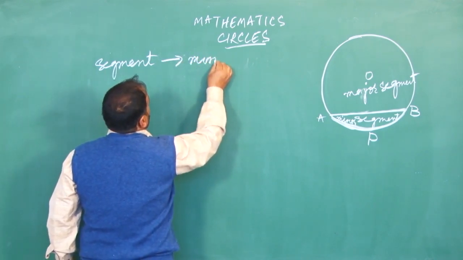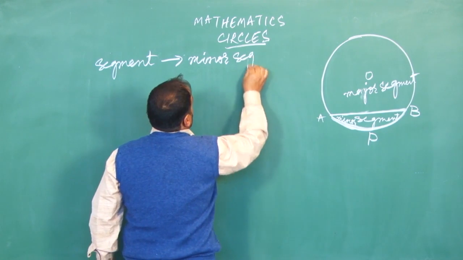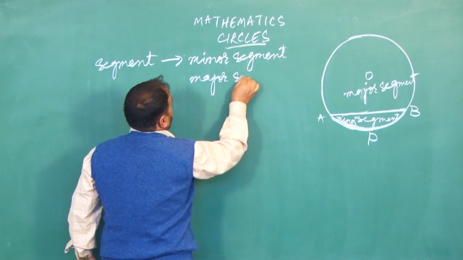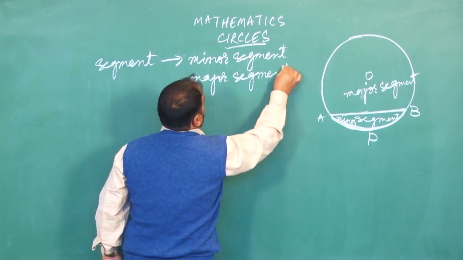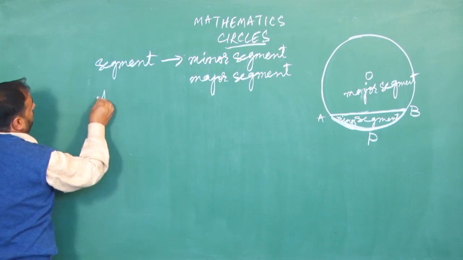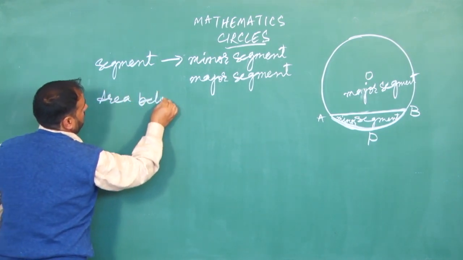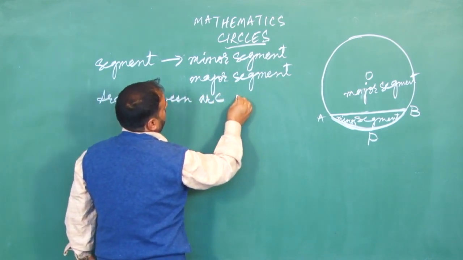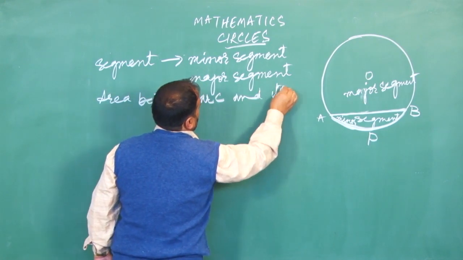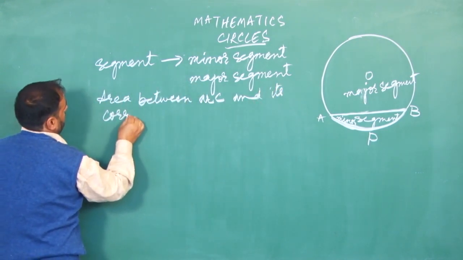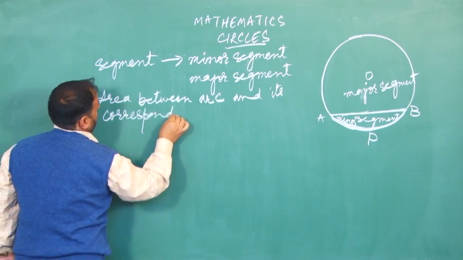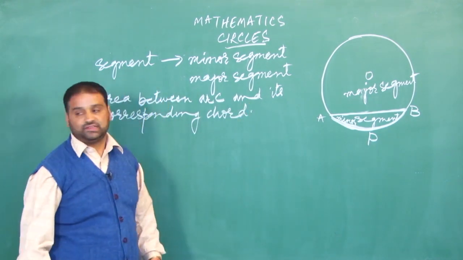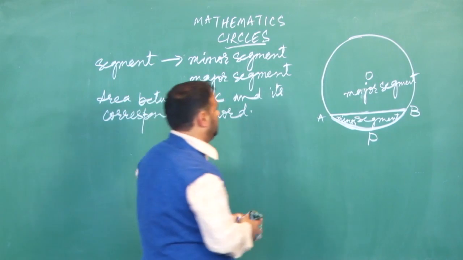So the definition of segment is the area between an arc and its corresponding chord. So this is segment.